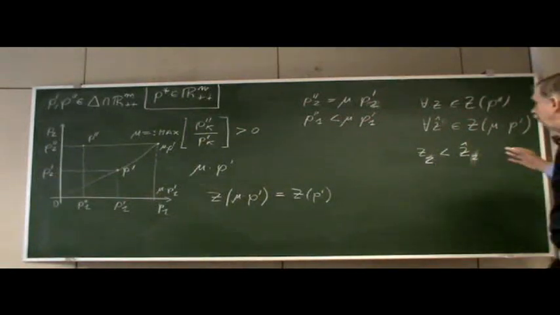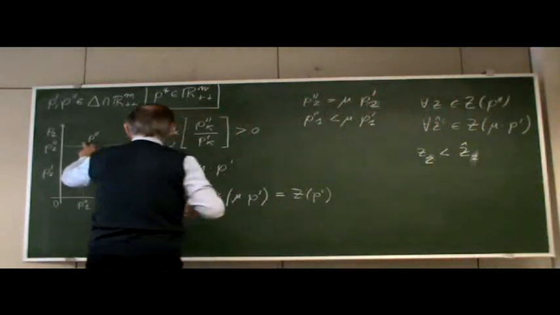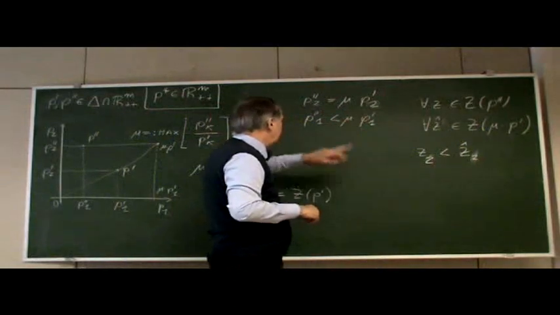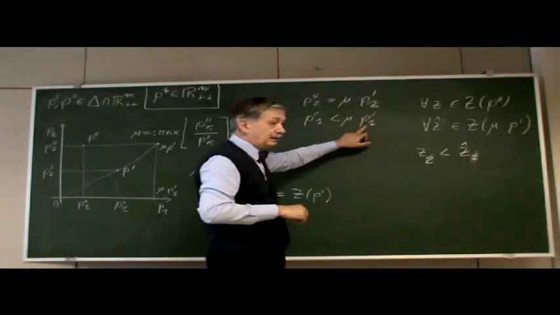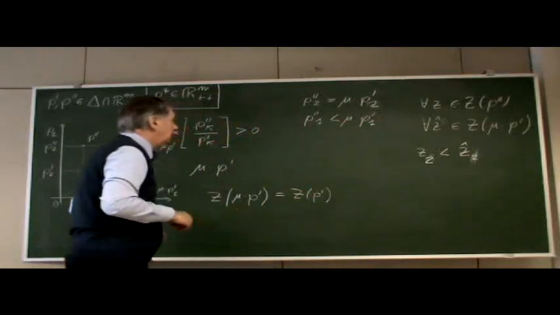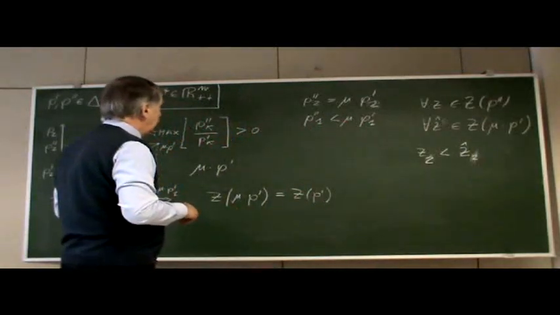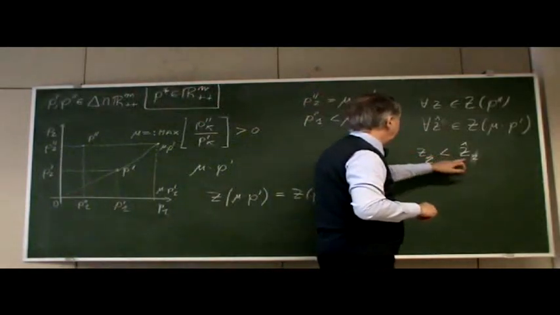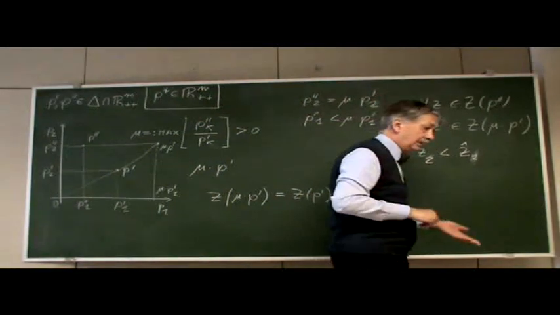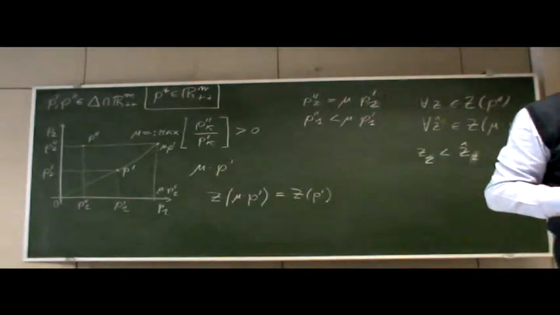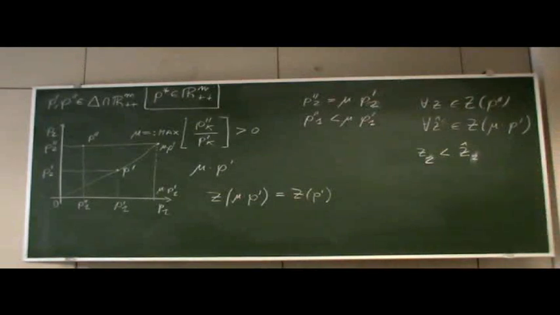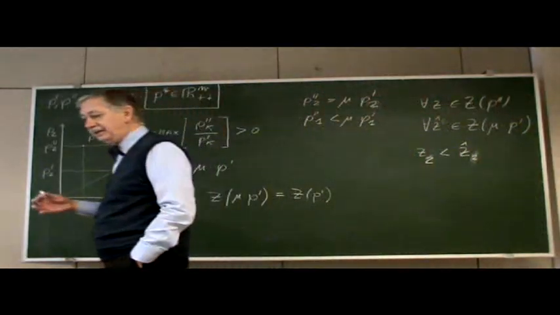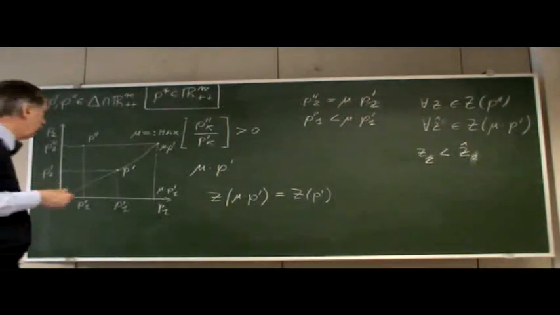Why? Because when you pass from p double prime to this price system, the price of good 2 remains unchanged, while the price of some other good, in this case good 1, increases. And so clearly also the excess demand of good 2 must increase, because good 2 is a gross substitute of good 1. By applying our property of gross substitutability, you obtain exactly this result.